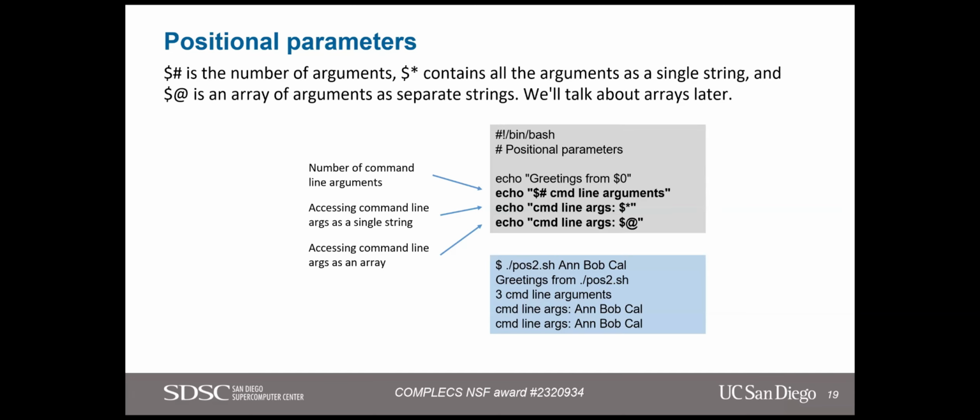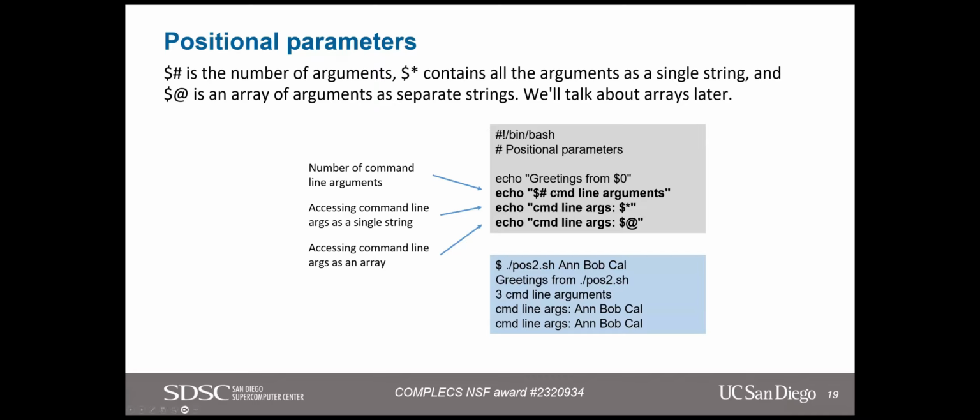We could submit 1, we could submit 100, and this is just going to tell us how many it is. The $*, the star is a wildcard, and it's going to return all the variables that were presented, and put them in as a single string. And the $@ is going to be an array of arguments as separate strings.